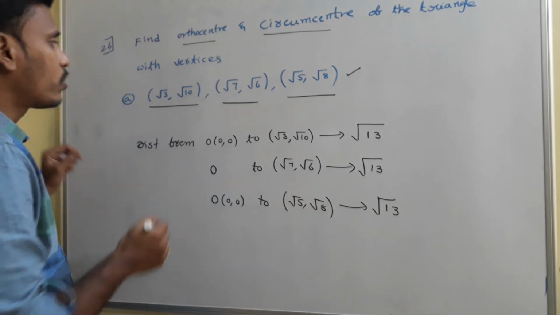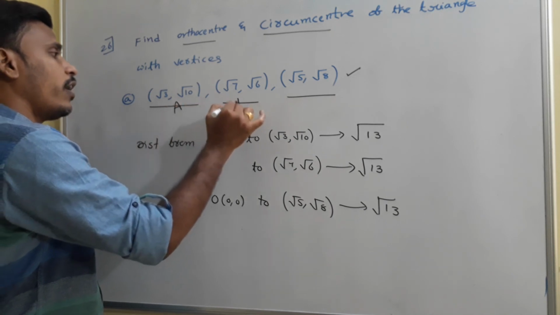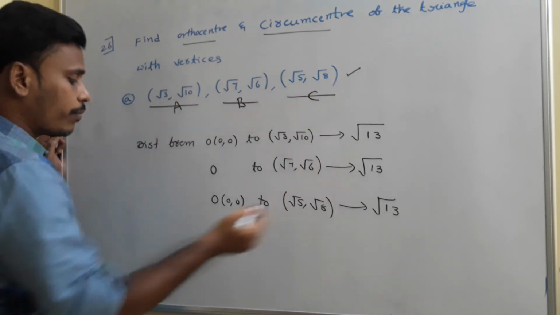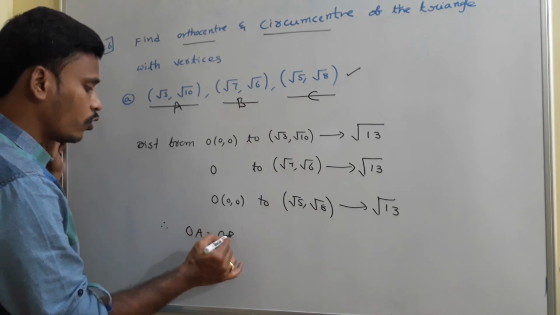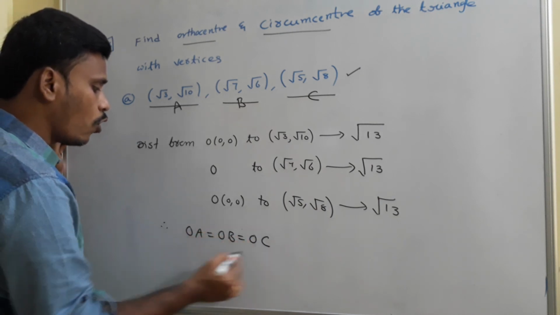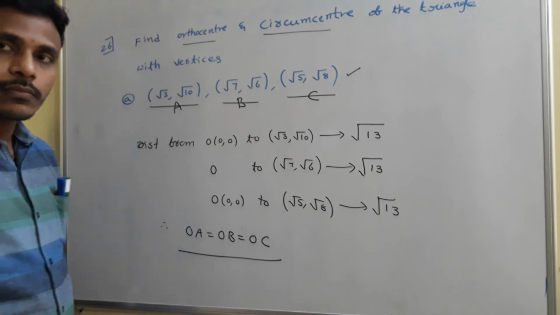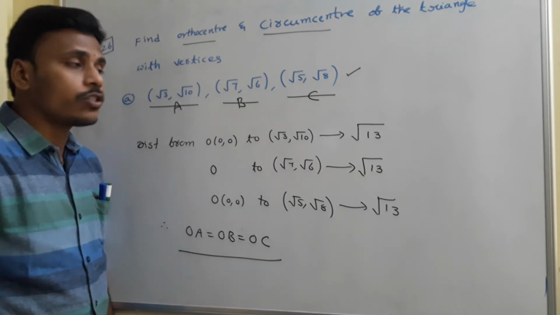So what it concludes is, suppose this is A, this is B, this is C, from this discussion it is very clear that OA is equal to OB is equal to OC.